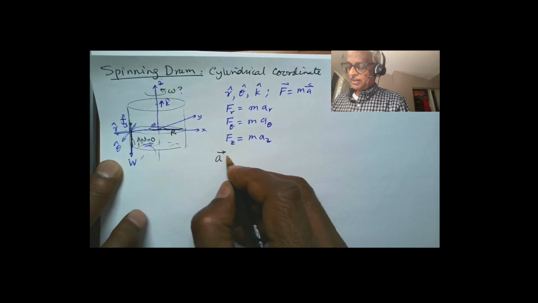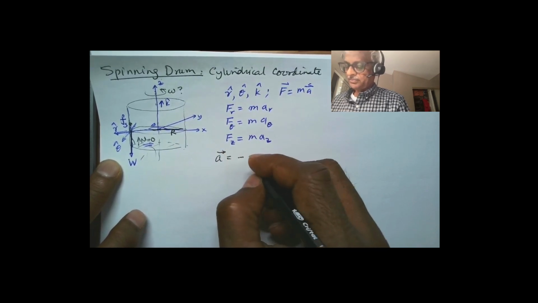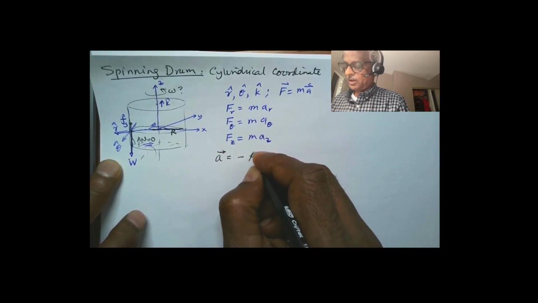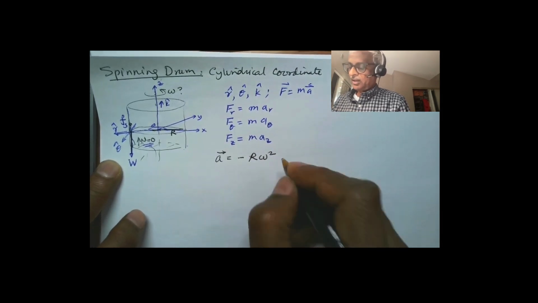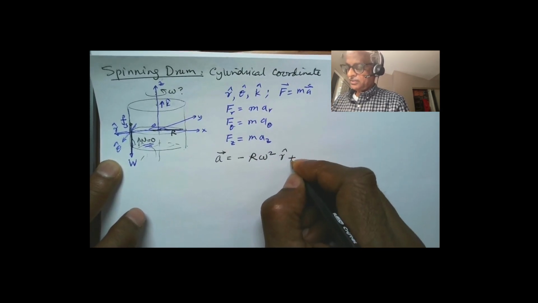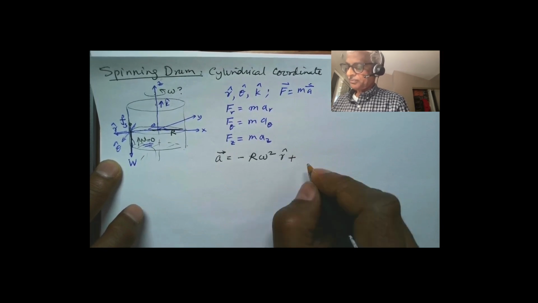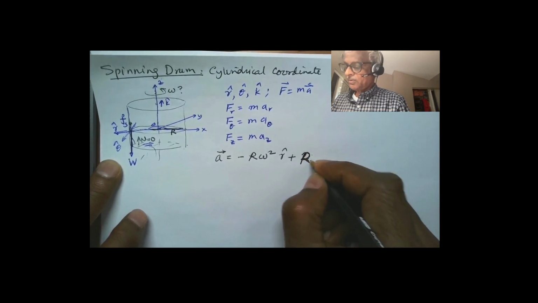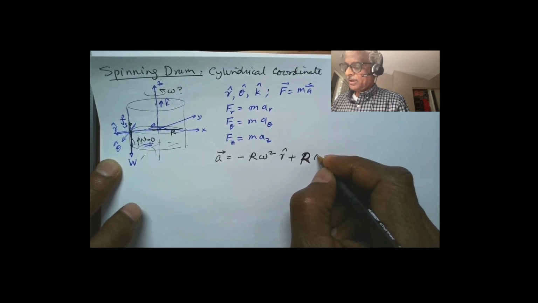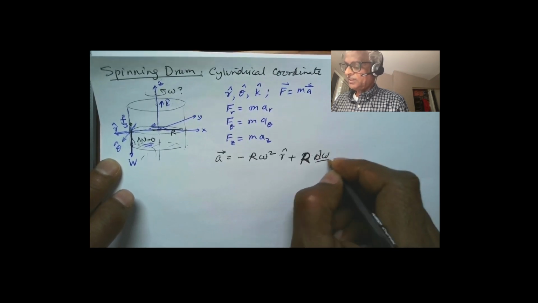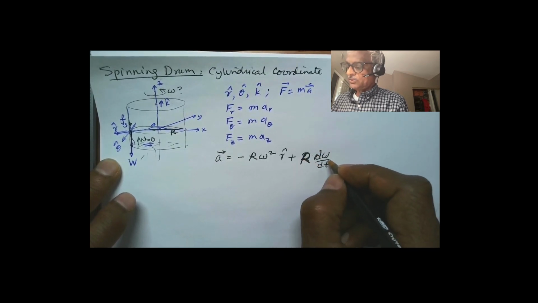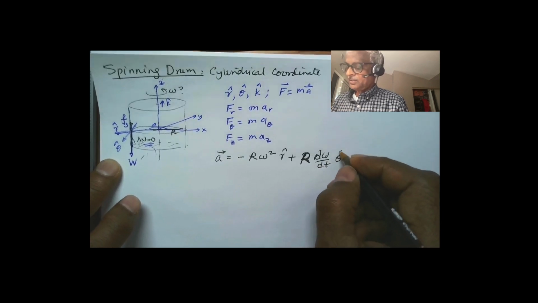Then we are going to have a equals minus omega square r times r hat, plus 2 times theta dot r d omega dt... so this theta double dot theta hat.